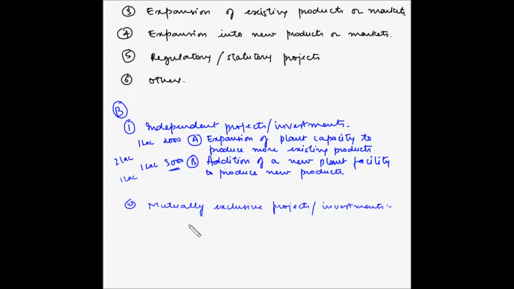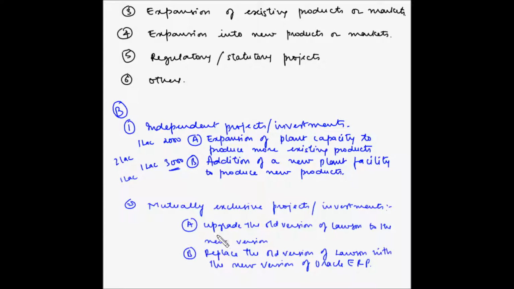Now, two projects can be proposed. The first project, let's say, is upgrade the old version of Lawson ERP to the new version of Lawson ERP. Second project could be replace the old version of Lawson with the new version of Oracle ERP.